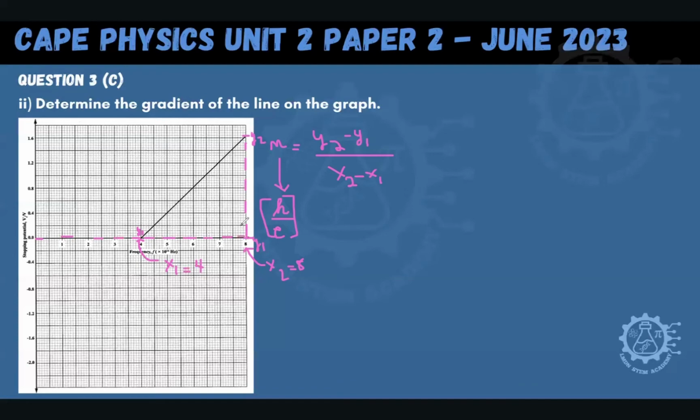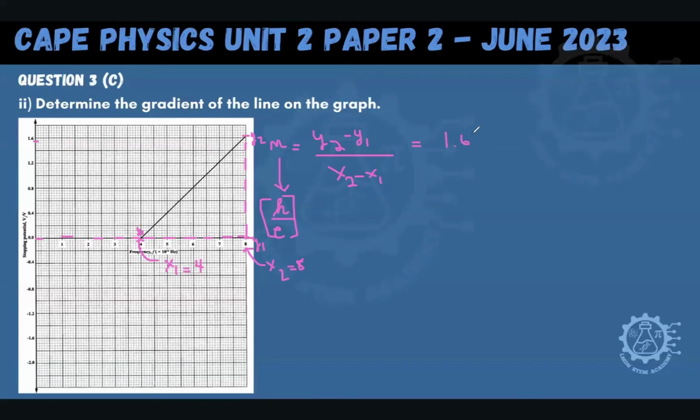So this is my rise over run. And so when I plug in the values now, I'm going to plug in my y2. So each of these little tiny squares is 0.04 because 10 of them is 0.4. So one of them would be 0.04. So if I'm right here, I'm at one tiny square above 1.6, that's 1.64.